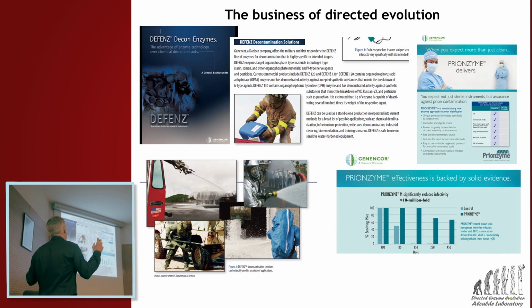And this is just a kind of exotic case, Genencor, which is creating cocktails in case of chemical warfare defense. So basically, directed evolution is somehow rewriting the code of life, as Frances says, and actually we are witnessing the big impact that directed evolution is making in our society right now.